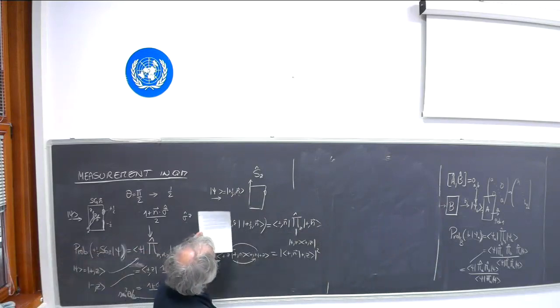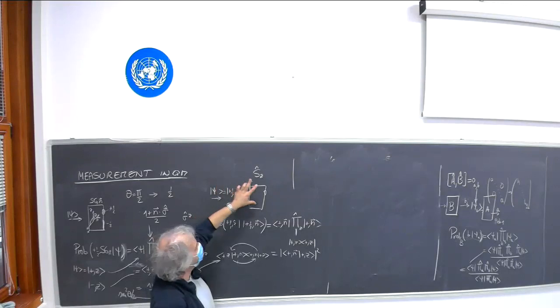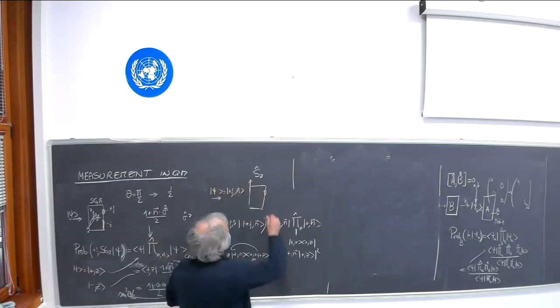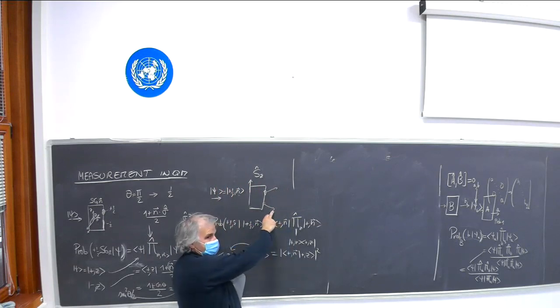Now we play this game. So I prepare with a filter the state plus n, and I measure repeatedly sigma z. Remember I could get this or that, this with a certain probability, and this with another probability.